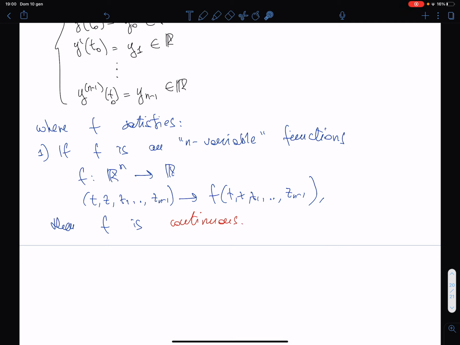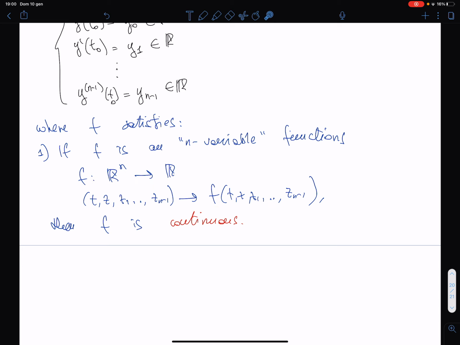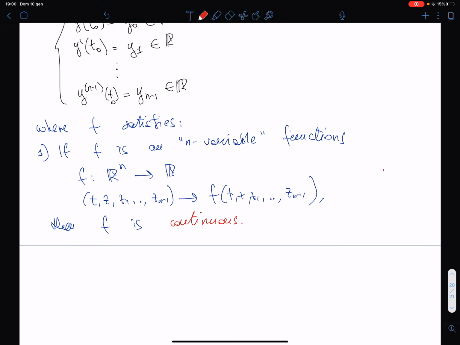What does continuity mean for an n variable function? Let me be extremely sloppy and vague, intuitive. If you are, for instance, in the two-dimensional space and you get close to one point, t naught, z naught, the function on the points of the path you take to go there has a limit that coincides with the value of f at the point, very intuitively.